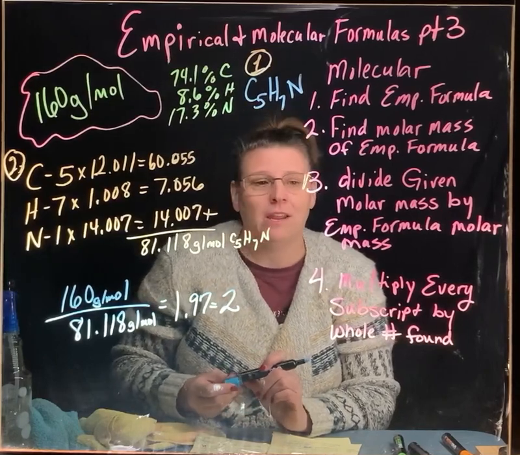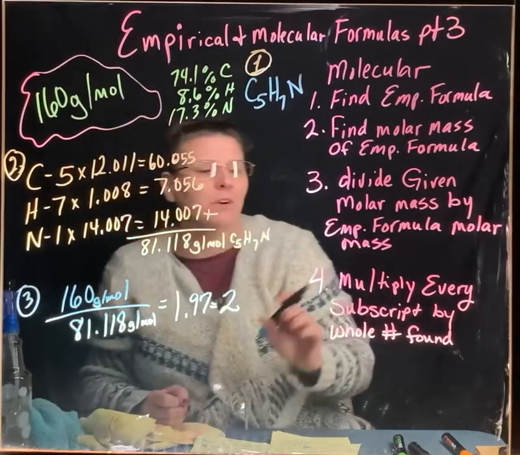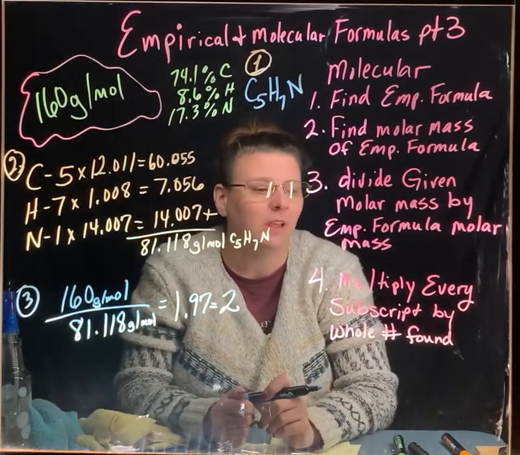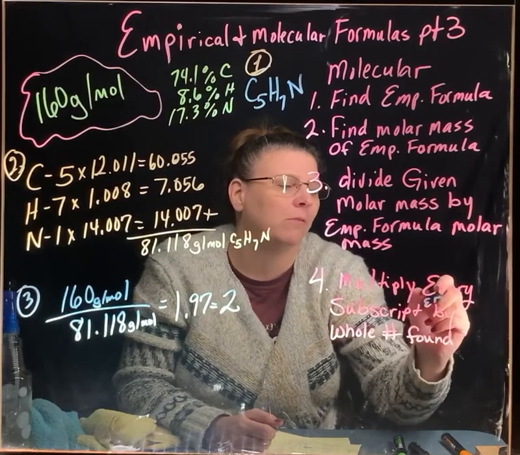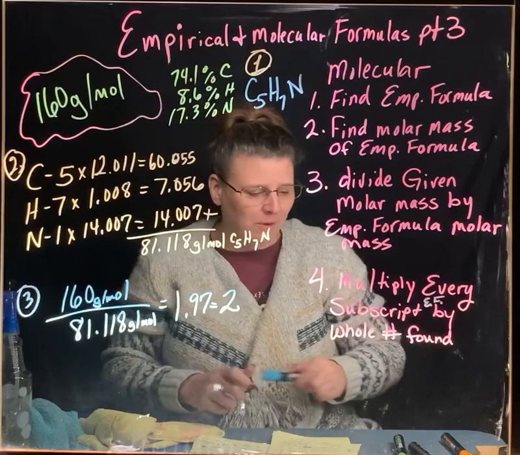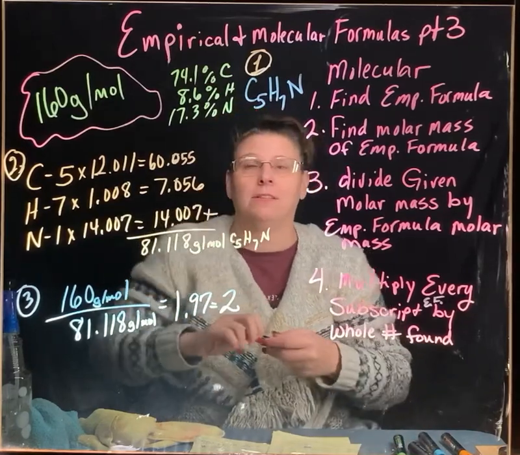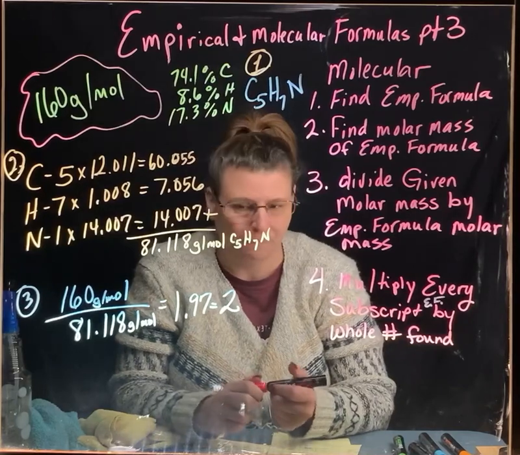That's step 3. Step 4 says multiply every subscript in the empirical formula by the whole number. Our empirical formula was C5H7N, which is a 1.